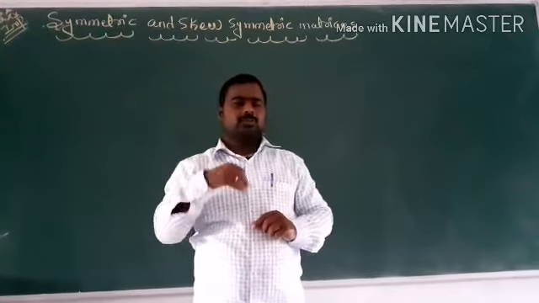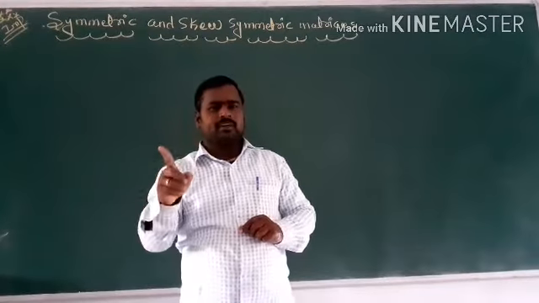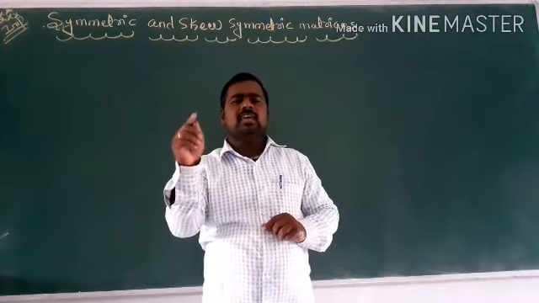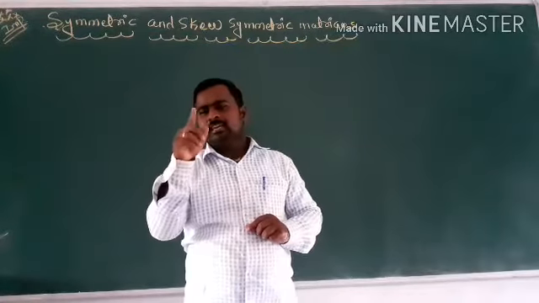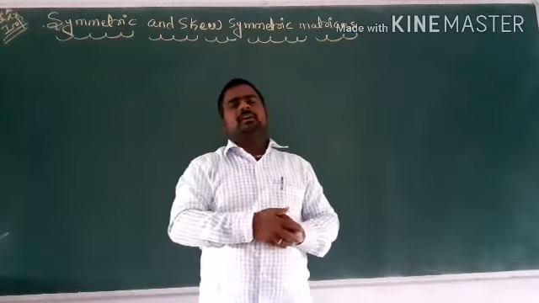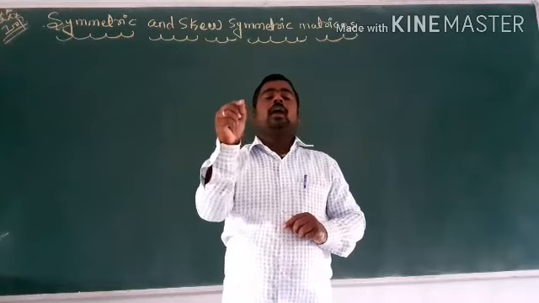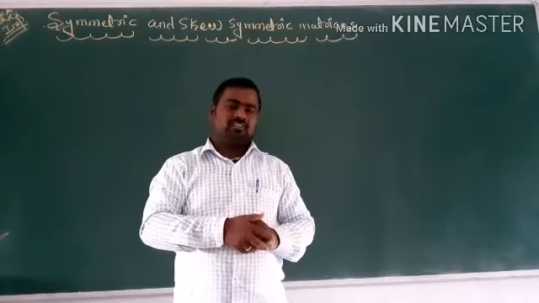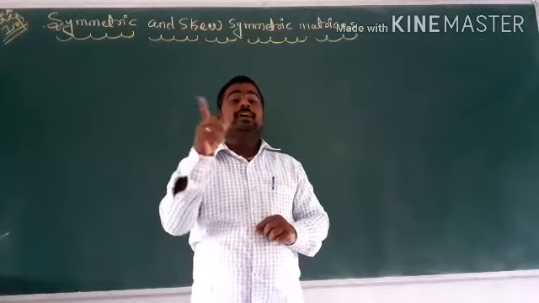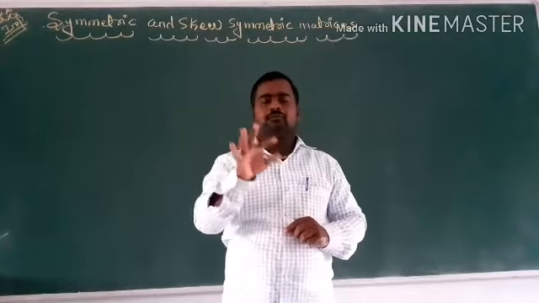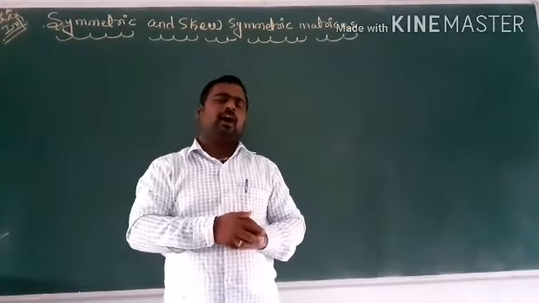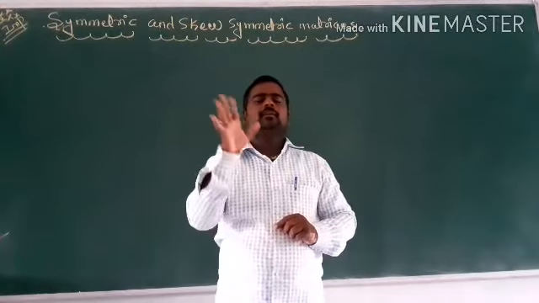In this expression, a square matrix A = [aij] is said to be symmetric if A is equal to A dash, for all possible values of i and j. It is called symmetric.